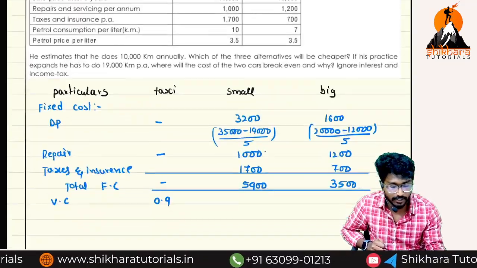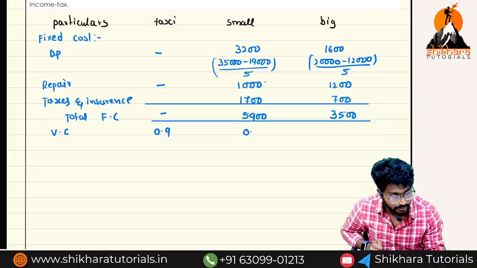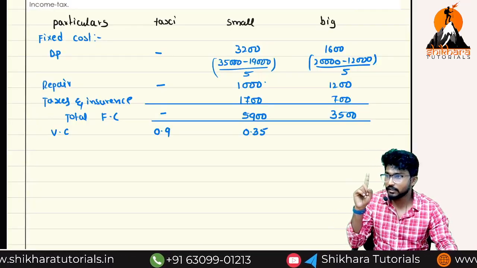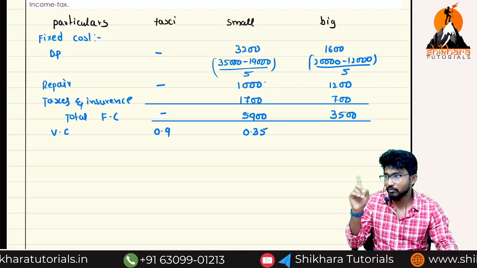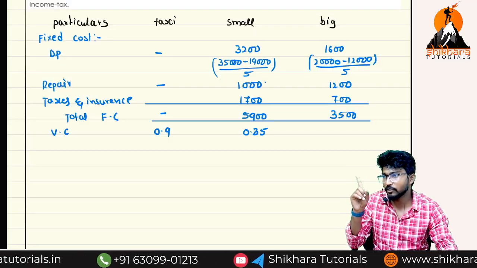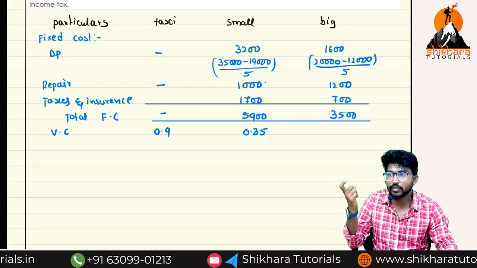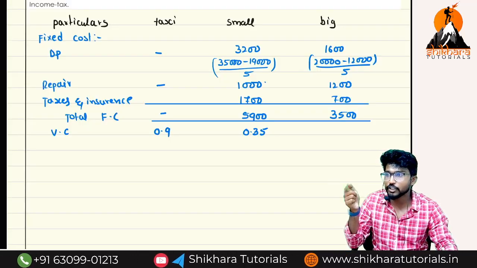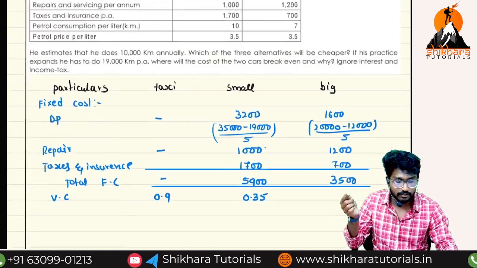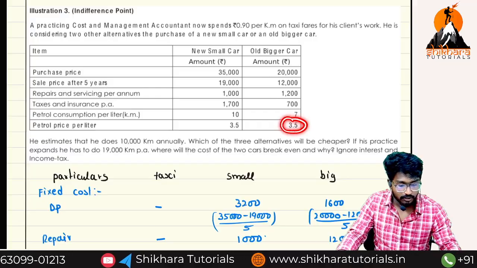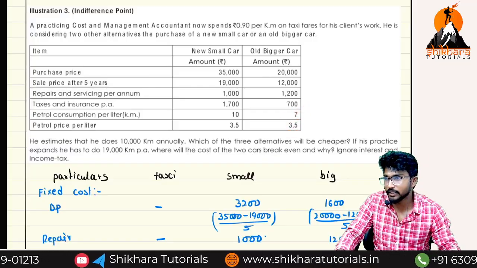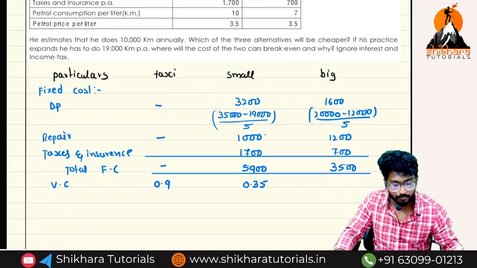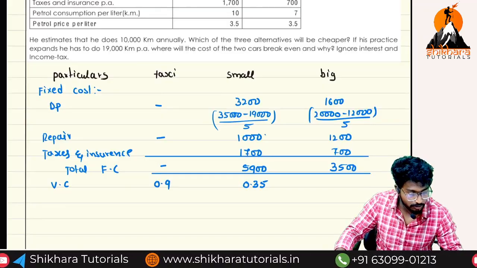That means per kilometer it is 0.35. Am I correct? Next, here it is giving 7 kilometers per liter. That means you are spending 3.5 rupees for 7 kilometers, which is 0.5 per kilometer.